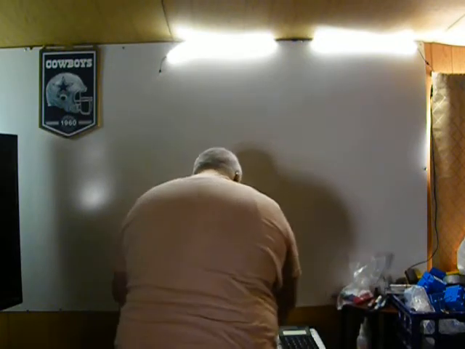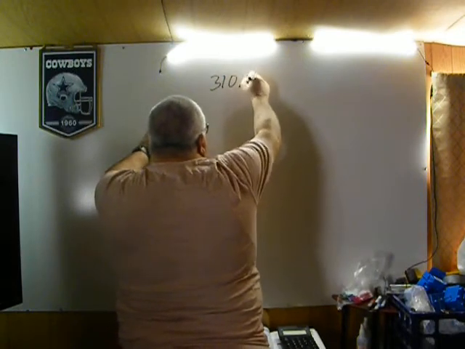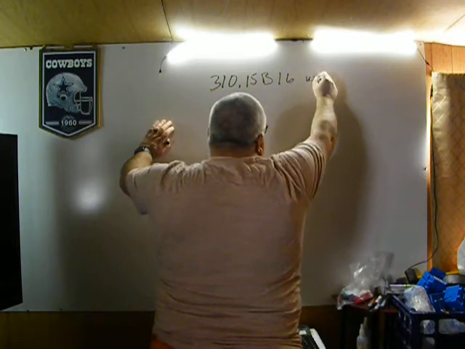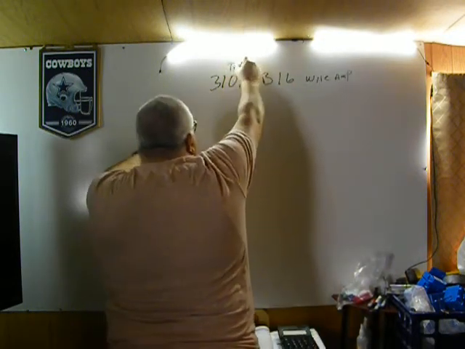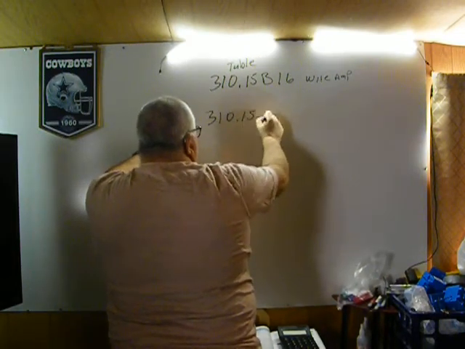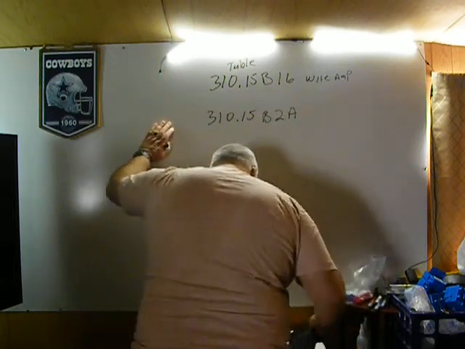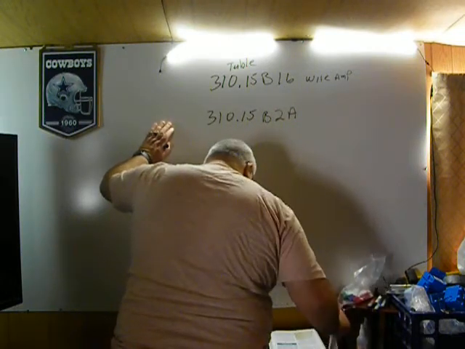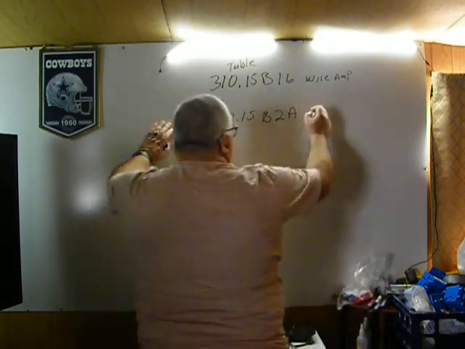We have 2 different codes that we have to use. One is 310.15(B)(16). This is our wire amps, our table. And then it's 310.15(B)(2)(a), and that one is our correction factors, I'm sorry.